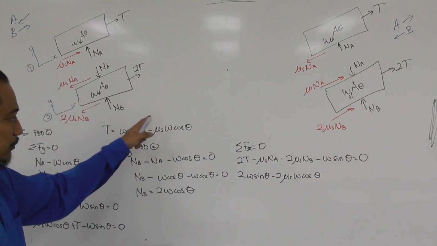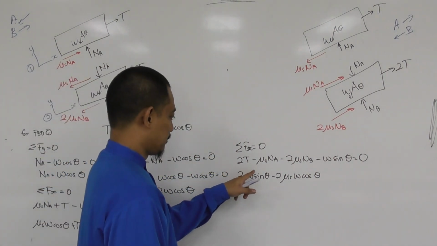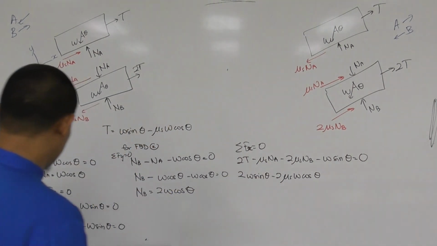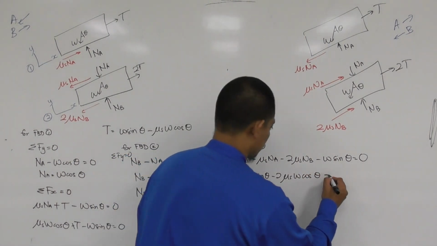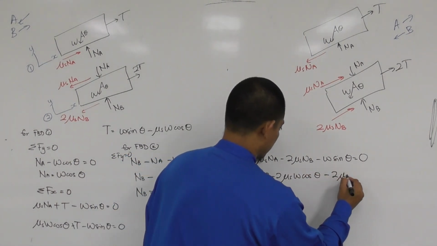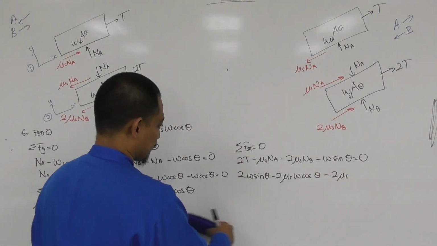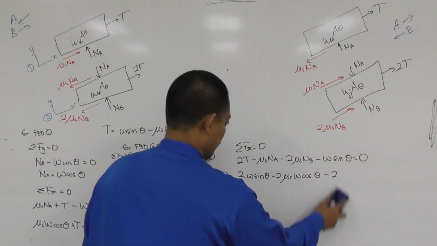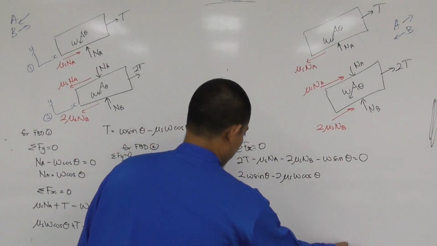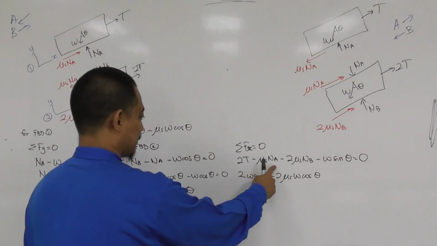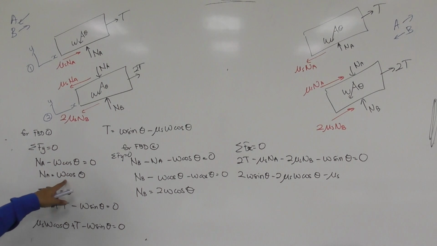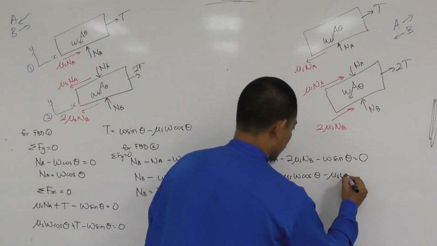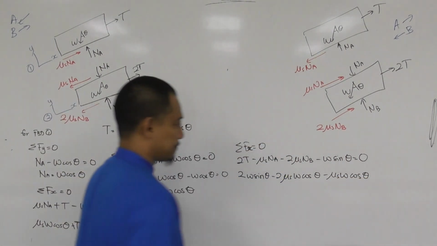Right, so 2 times the whole thing, and then minus mu s NA, so NA is already here, right? W cos theta, so minus mu s NA, and NA is W cos theta.